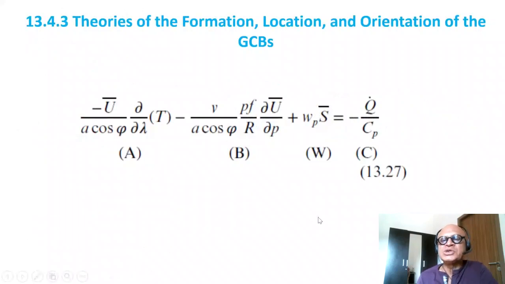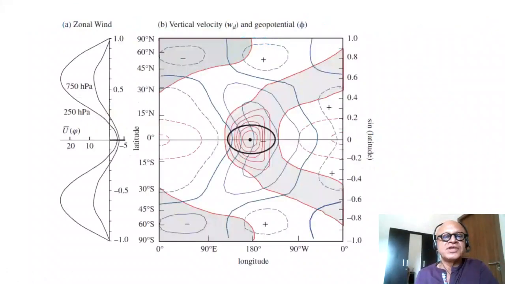The theories of formation, location, and orientation, we go back to the thermodynamic equation, looking at the longitudinal and latitudinal terms and the vertical term with the diabatic heating. So we will basically show that the advective terms and the heating term are balanced differently in the equatorial box, the tropical box, and the subtropical box, and that's what gives you this tilting orientation.